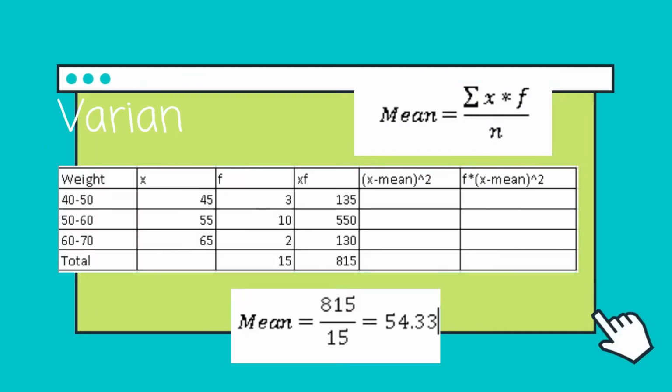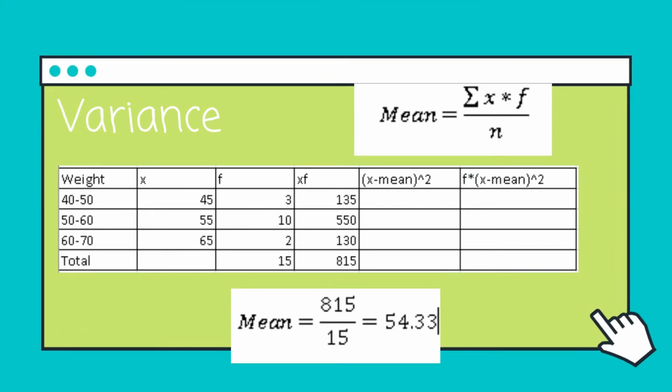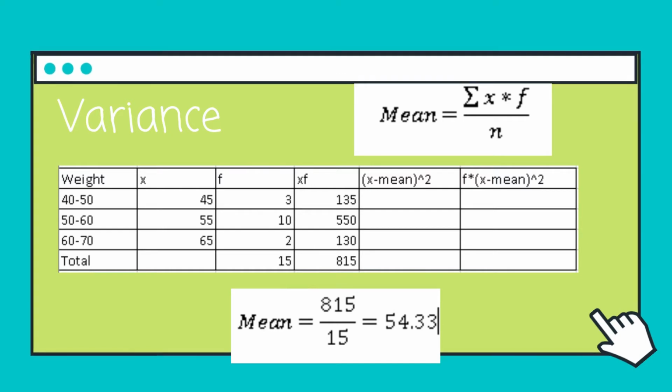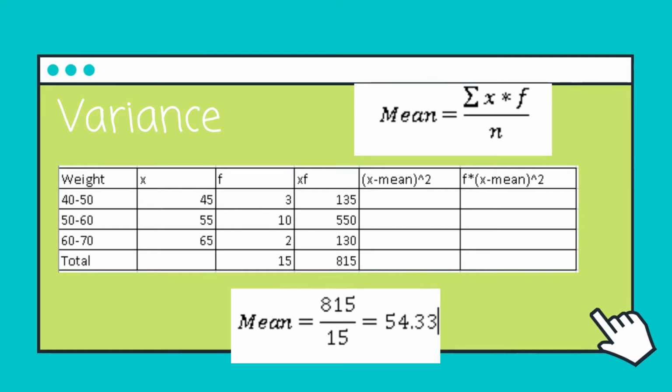To clarify the definition of the variance, I found an example on the internet that refers to the weight of people, and we are going to use ranges. The X means the marked class. This is obtained by adding the lowest and the highest values of the range and dividing by 2, and we obtain these values and the frequency.